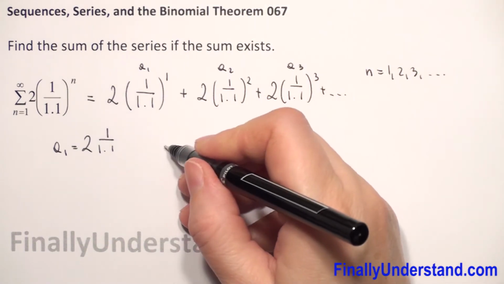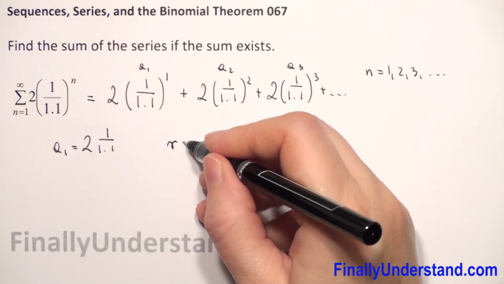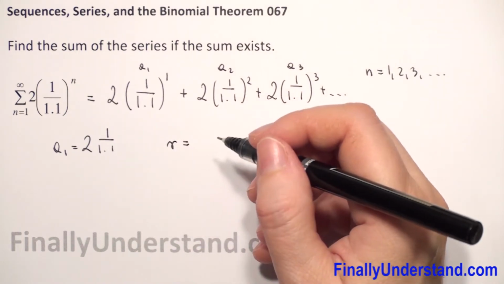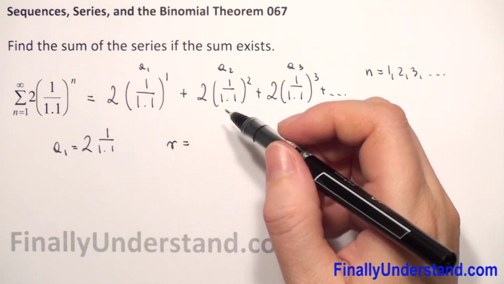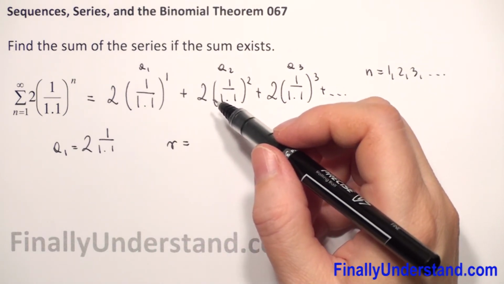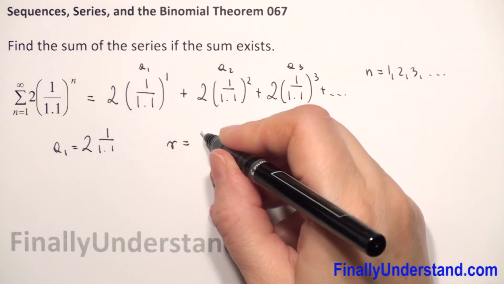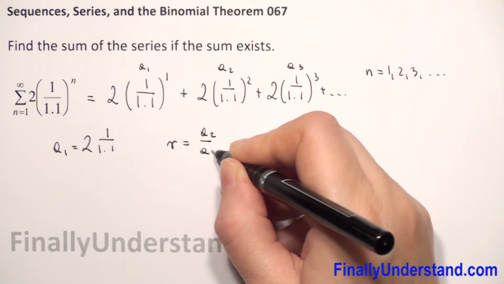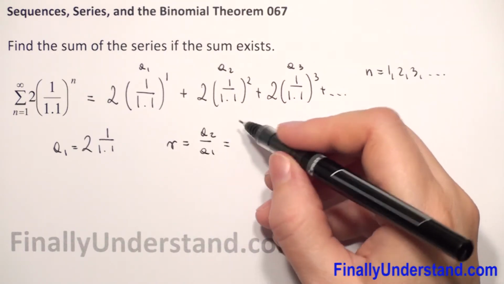One more time, how do I get this? Our r, the common ratio in a geometric progression. How do we calculate it? We take two consecutive terms and divide the second one by the first one. So, for example, a2 over a1, and the ratio is constant.